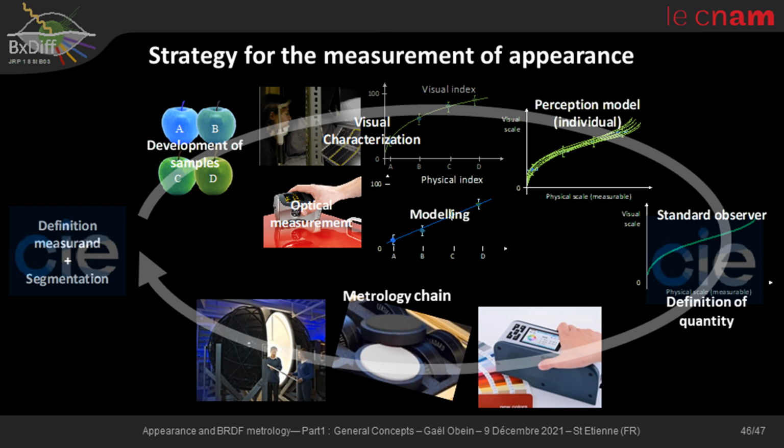Then those instruments, to be stable, are calibrated against standard artifacts that are kept at the national metrological level. And now you can start again because you measure better the color, and you can start to look at the interaction between color and gloss, for instance, because you are on a new step, and you can start again the process to try to be more and more accurate.